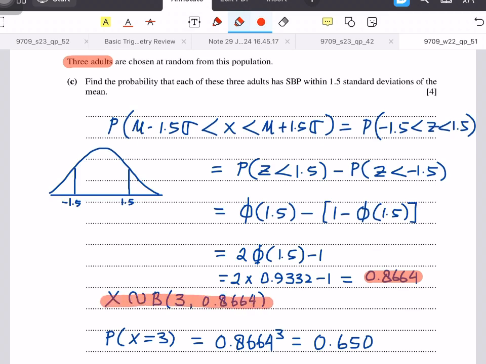So we can write X follows a binomial distribution (3, 0.8664). Then P(X equals 3) using the binomial distribution formula is the same as 0.8664 cubed. The answer is 0.650.